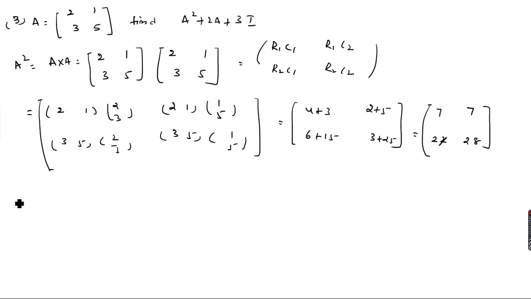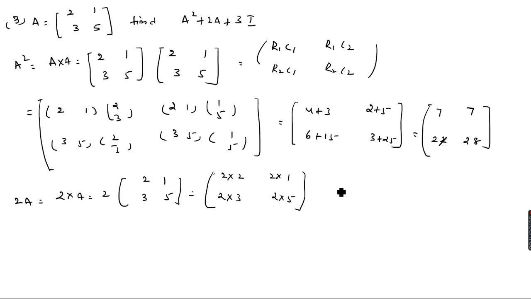And next we get 2 into A, that is 2 into 2 1 3 5, nothing but 2 into 2, 2 into 1, 2 into 3, 2 into 5, that is nothing but 4, 2, 6, 10.